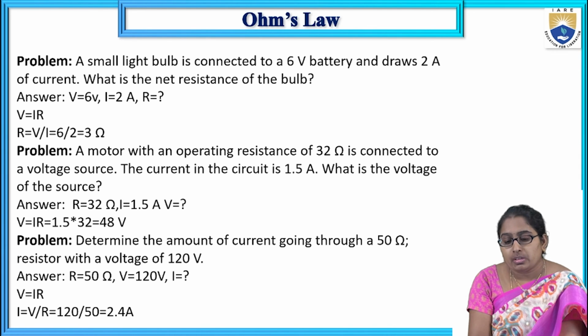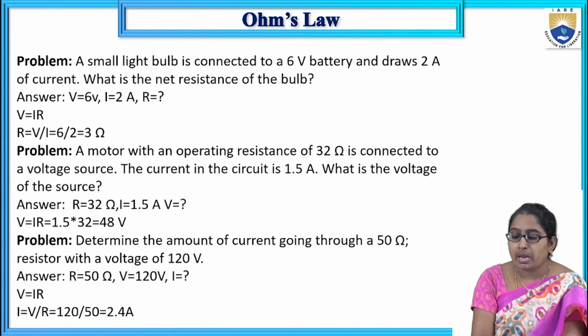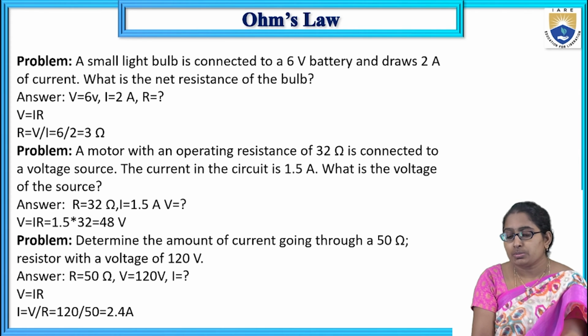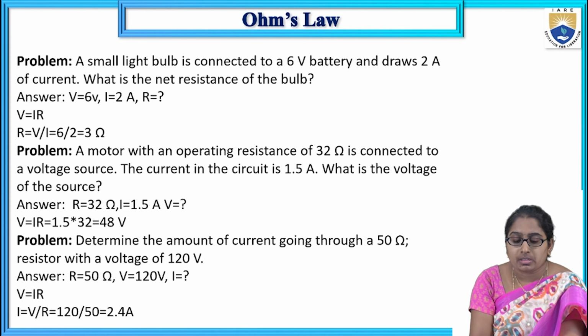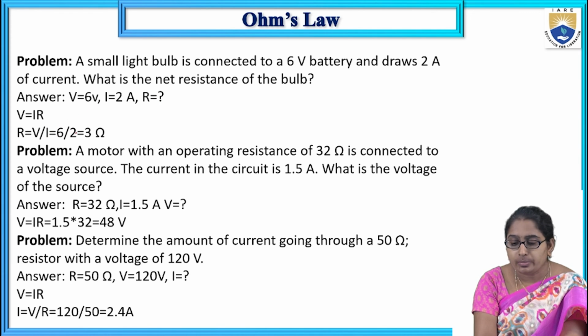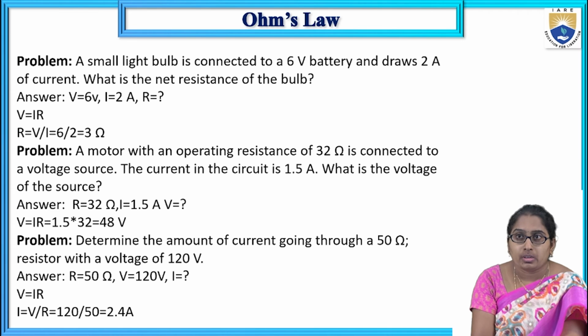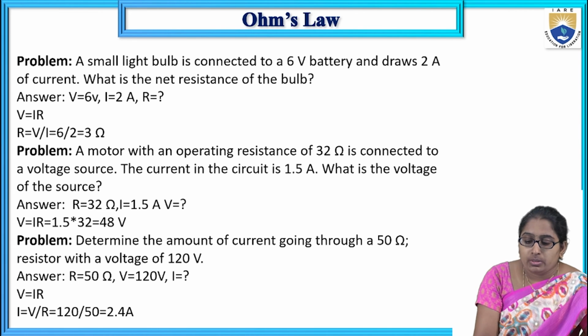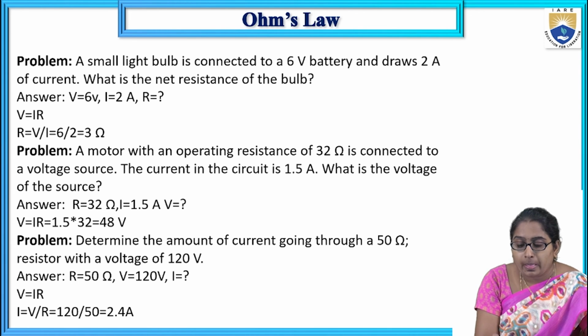From Ohm's law, R is equal to simply V by I. So 6 by 2, we get 3 ohms. So R value is 3 ohm.